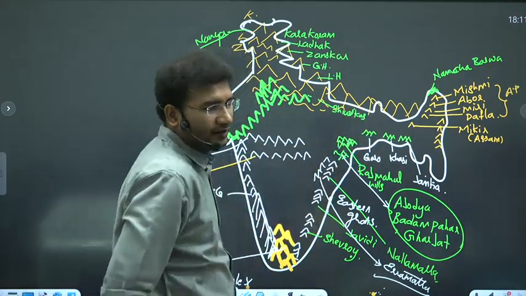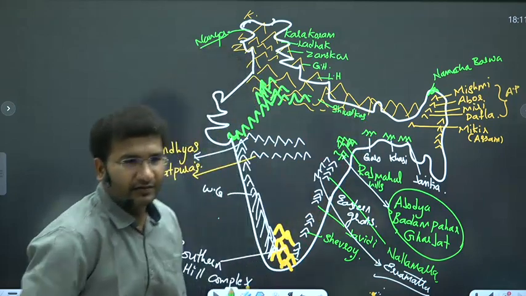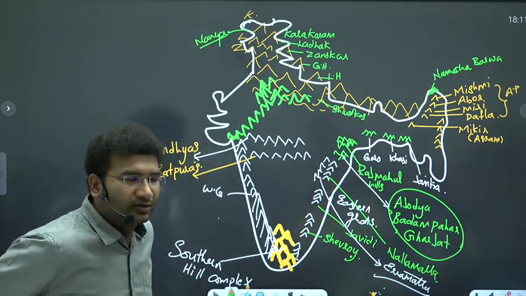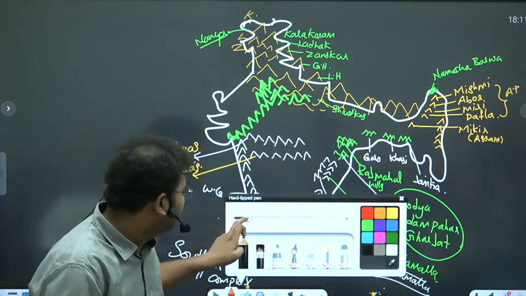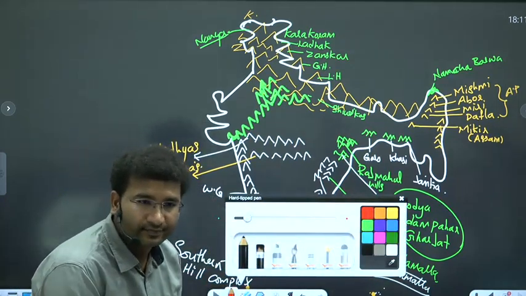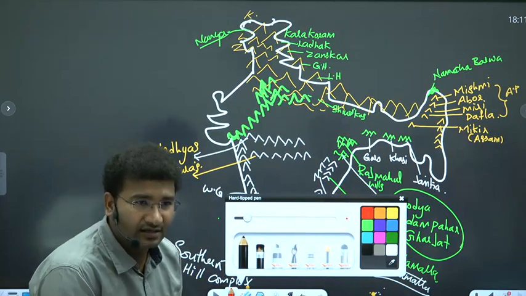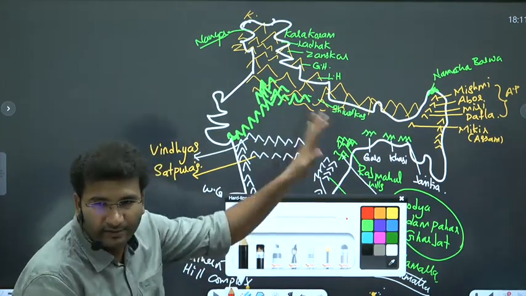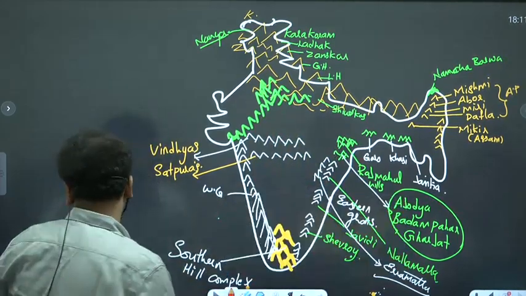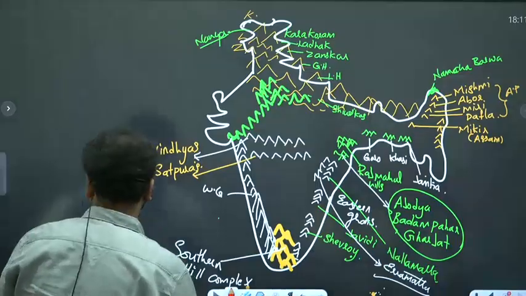Look, the Himalayas can be divided on the basis of the rivers as well. I told you what those rivers are: Indus, Sutlej, Kali, Tista and Brahmaputra.